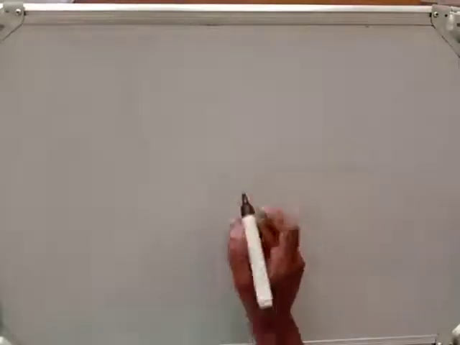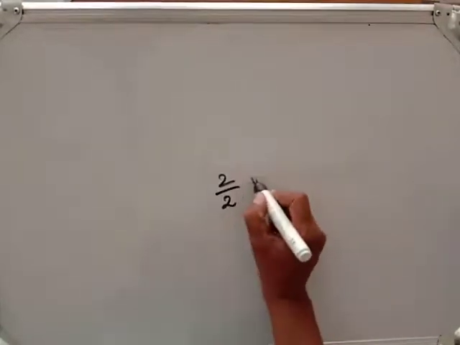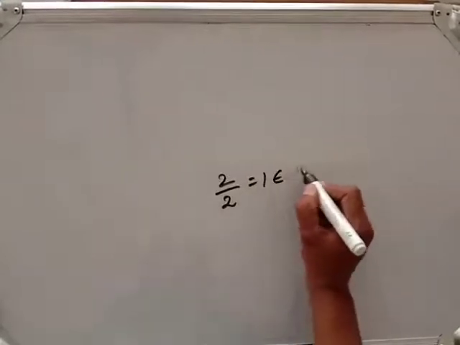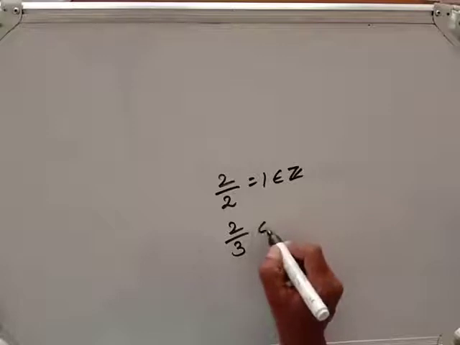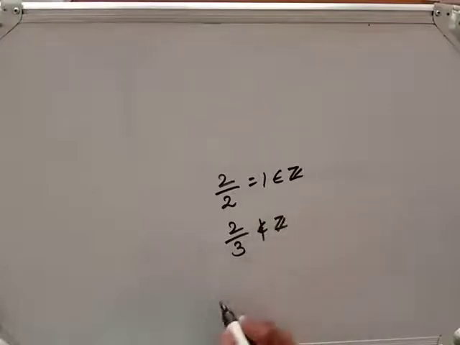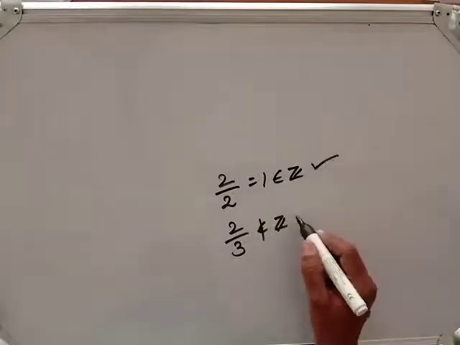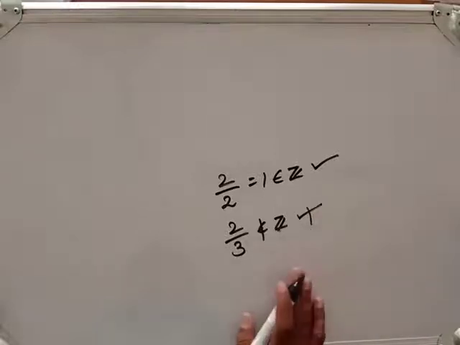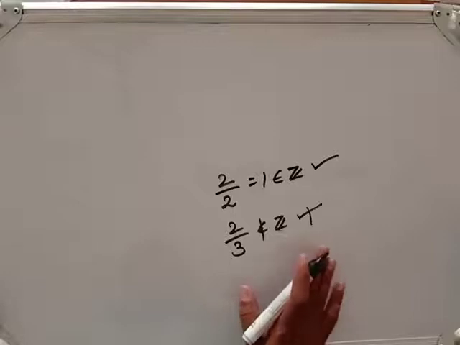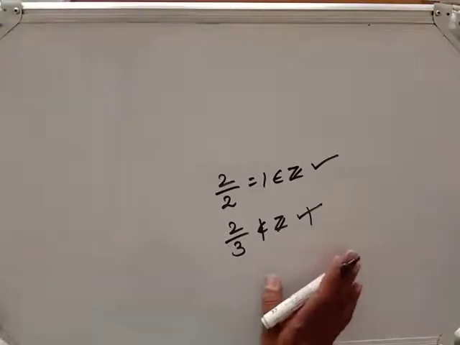Now, sometimes division of two integers is possible. Suppose I divide 2 by 2, I get 1, which is again an integer. But if I divide 2 by 3, it doesn't belong to the set of integers. Means sometimes division is possible, but sometimes it is not. So it gives birth to an interesting concept, that is a prime integer.